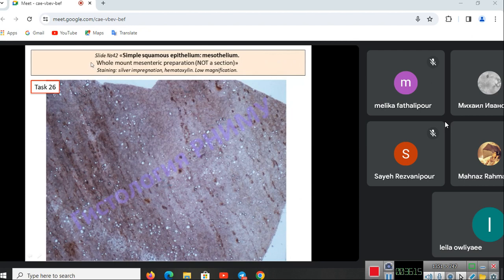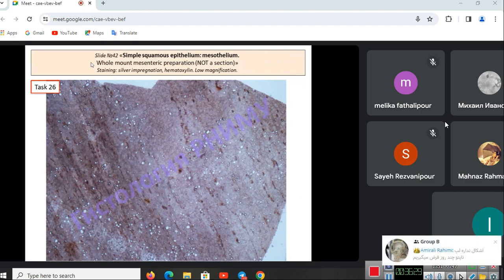If you remember the types of histological preparations, we can have the total preparation or whole mount preparation, which is not a section. It's a rather thin film containing such a tissue, which is stretched upon the glass for microscopy, stained, and this is what we can see.